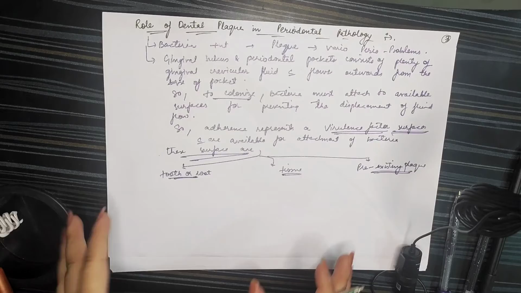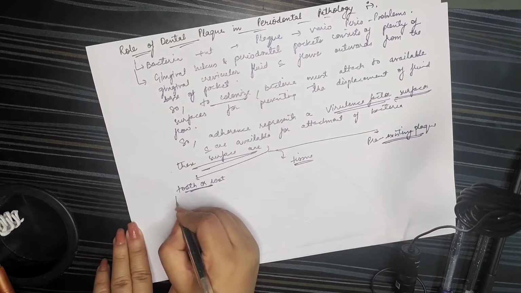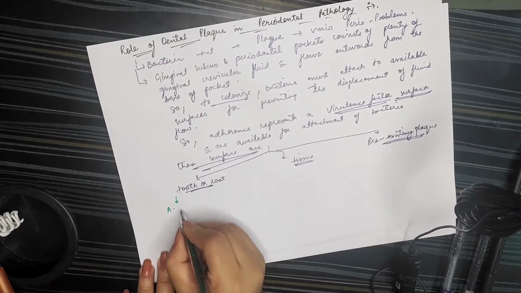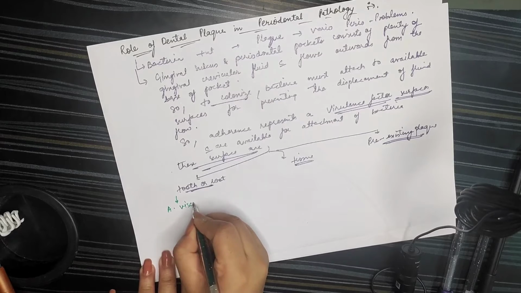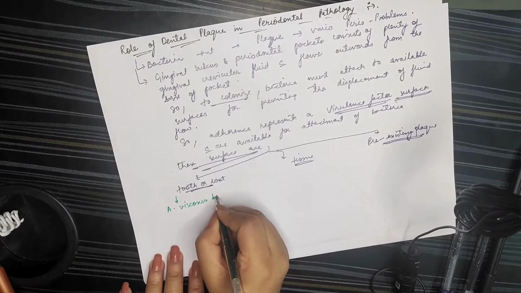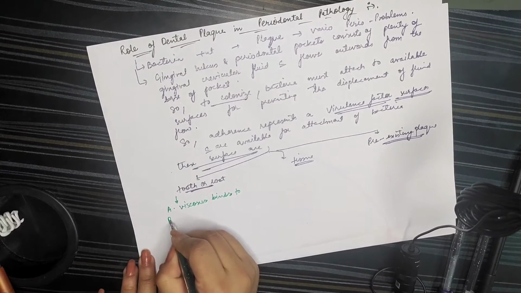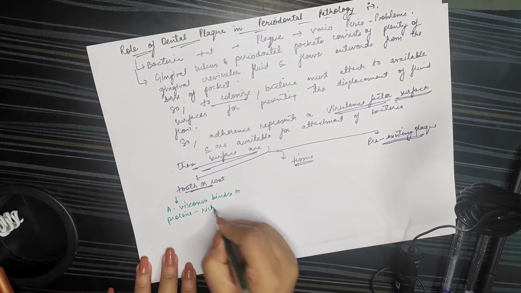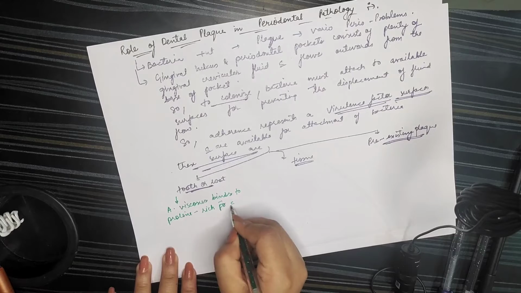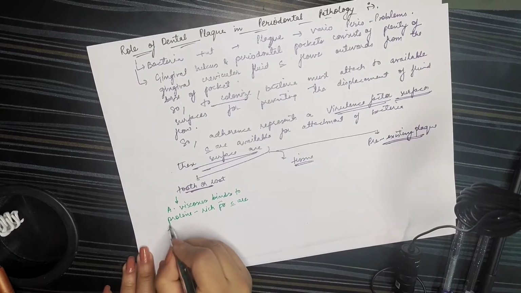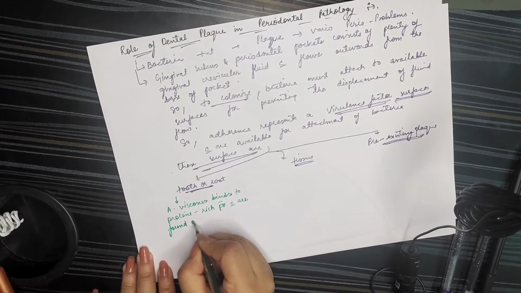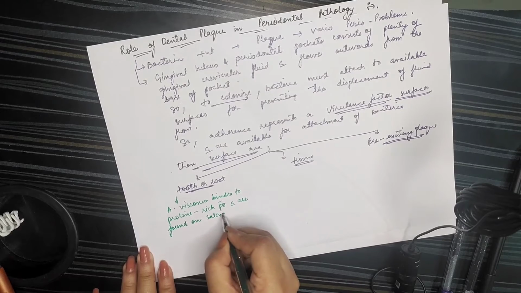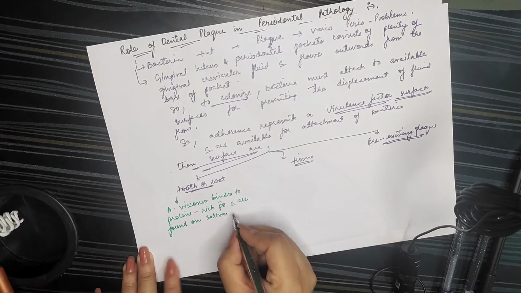So in tooth or root, Actinomyces viscosus binds to proline rich protein which are found on saliva coated tooth surfaces.